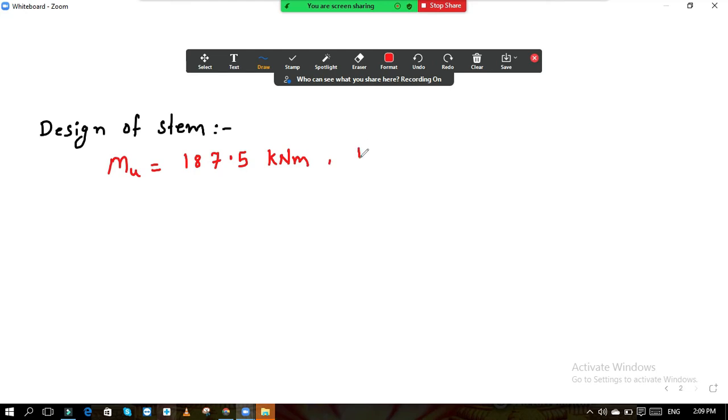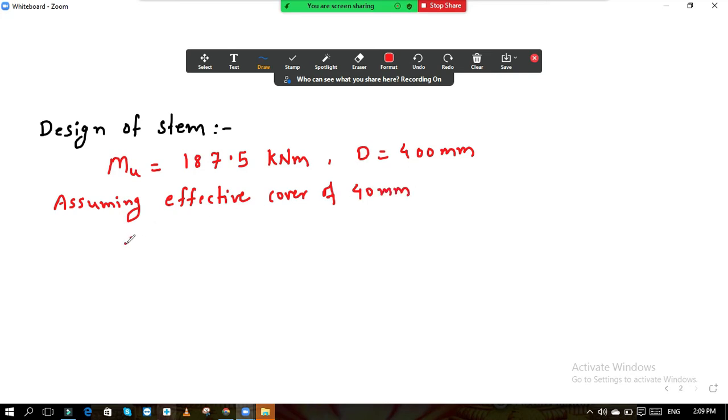Overall depth of the stem is 400, assuming effective cover of 40 mm. Therefore, effective depth will be 400 minus 40, which is equal to 360 mm. This is the effective depth.